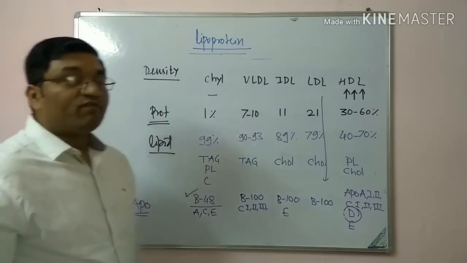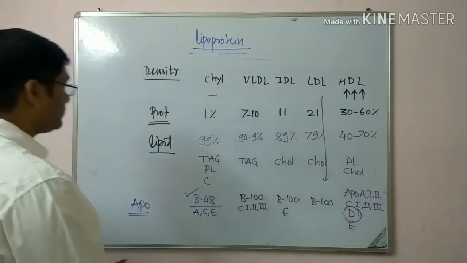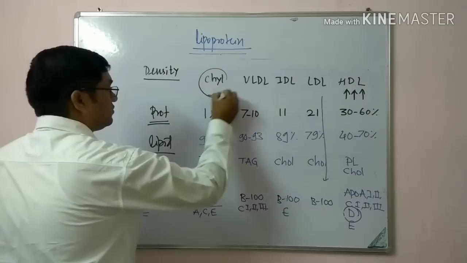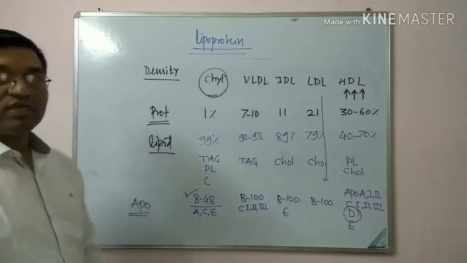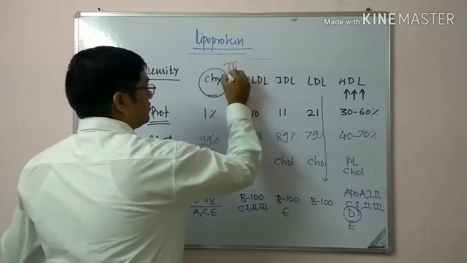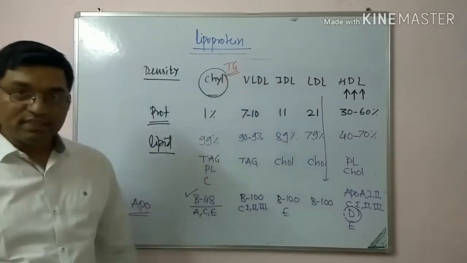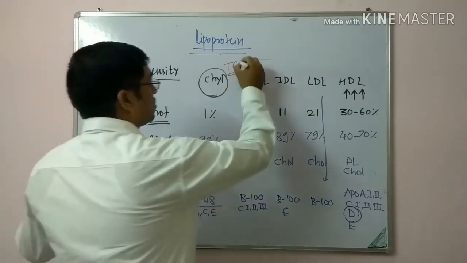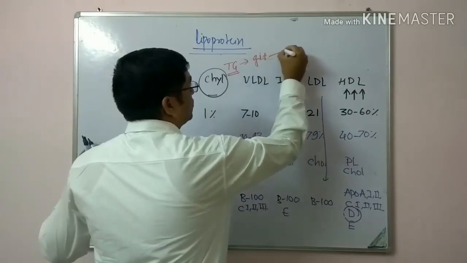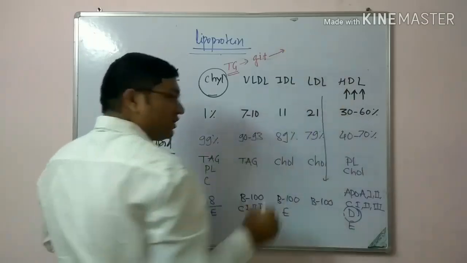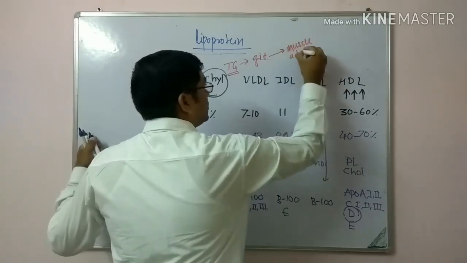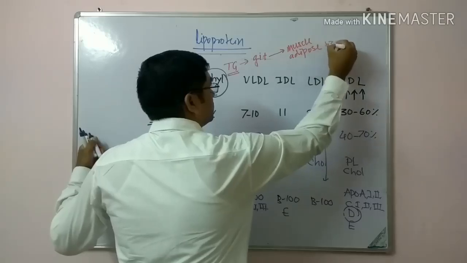Now coming to the important functions of lipoproteins. The important role of chylomicron is to transport the exogenous TG, meaning dietary triacylglycerol, from the gastrointestinal tract to the peripheral tissue, meaning muscle and adipose tissue.